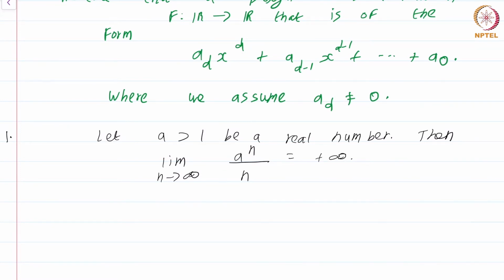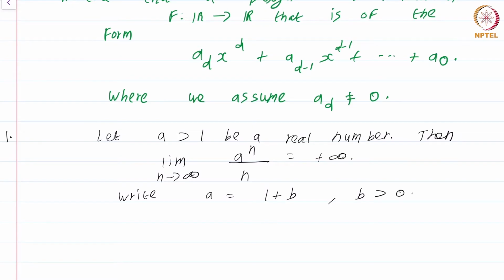That means the growth of a^n cannot be counterbalanced by the growth of n. A^n sort of grows much faster than just n. How do you show this? Well, again, we are going to use the binomial theorem. What we do is write a to be 1 + b, where b is greater than 0.